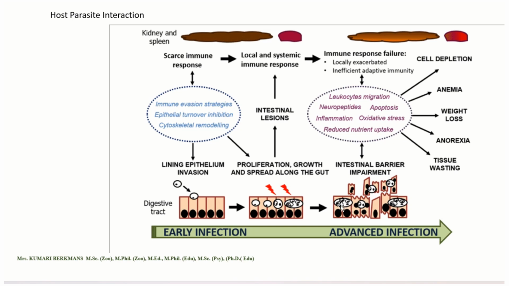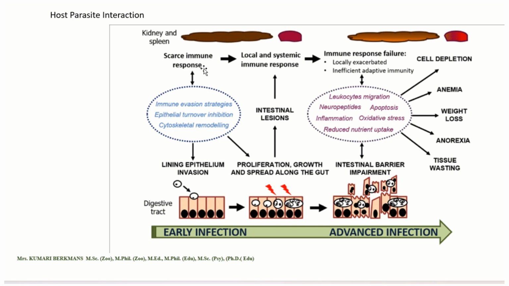That is, this microbe divides and forms many microbes. All these microorganisms damage the host cell. Due to this, what will happen is tissue wasting, anorexia, weight loss, anemia and cell depletion. This is happening in kidney as well as spleen cells.